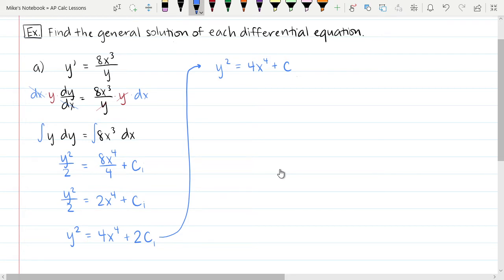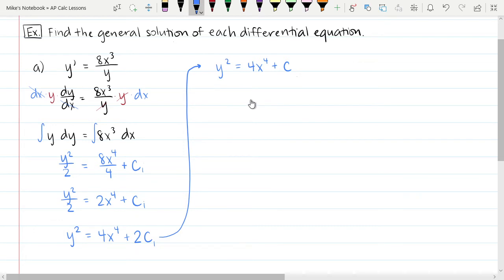Now, depending on the problem, this is an equation. So this technically right here is a general solution. However, sometimes, particularly on the AP exam, you're going to be asked to write your solution as a function, meaning specifically y equals.